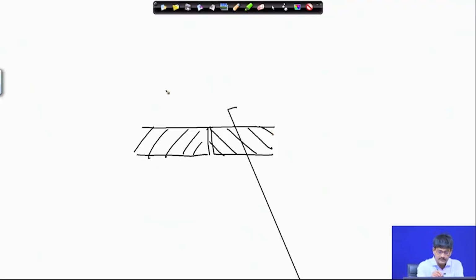We put some material in between, or make them very close together, and heat them.